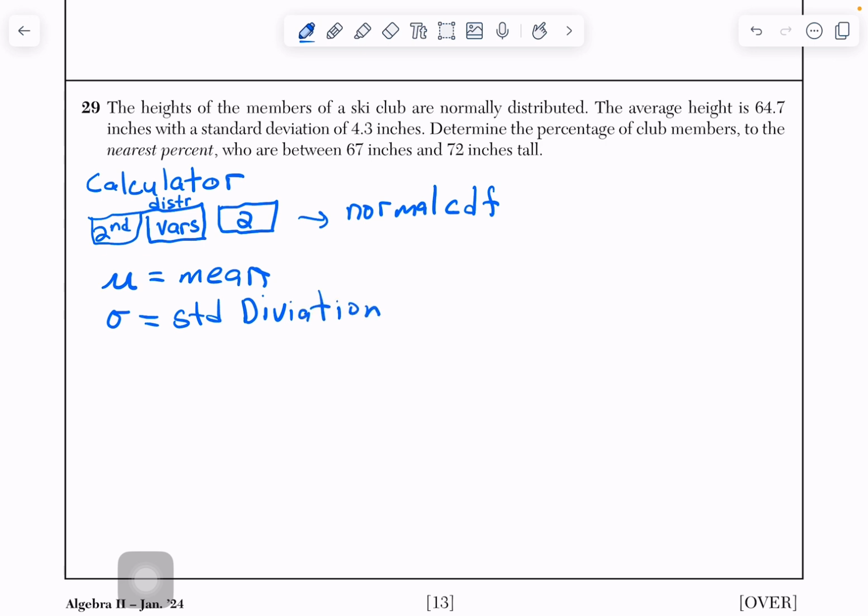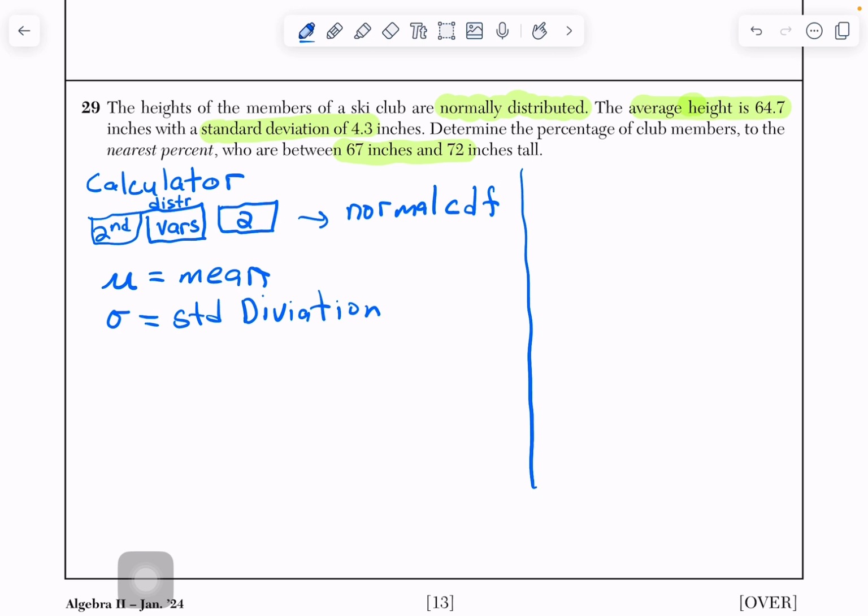Okay, so this one tells us, let's highlight a few things. It tells us that the heights of the members of the ski club are normally distributed, so that's why we can use normal CDF. The average height, this is the mean, is 64.7, and the deviation is 4.3. Determine the percentage of the club members between 67 and 72. So to do that, and this will pop out a percentage for you, which is really cool.